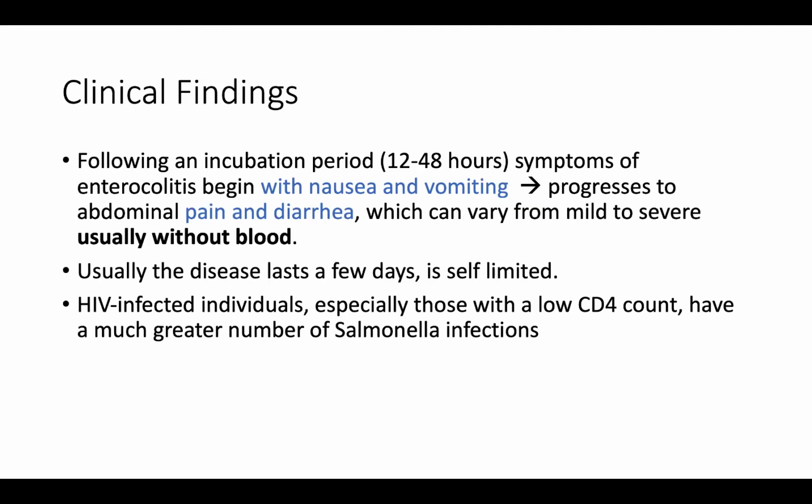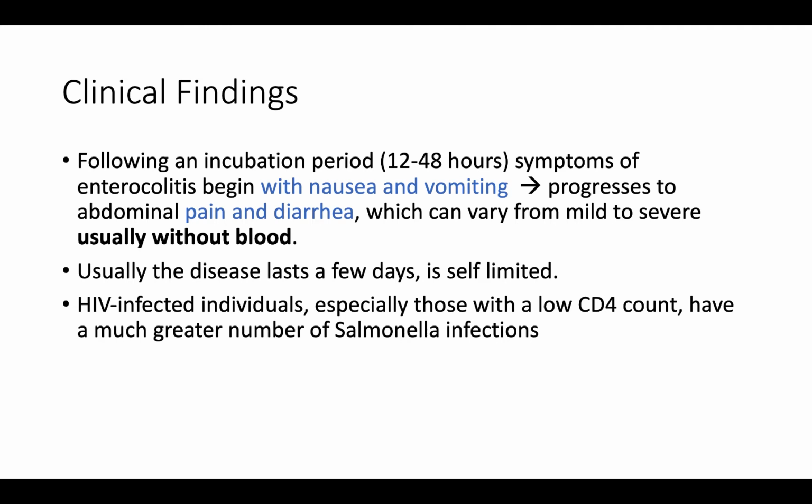What are the findings? What do you see in the patient following an incubation period, usually 12 hours at the earliest, 48 at the latest? What is this number? It is the time from ingestion for it to reach the colon basically. So it depends on that person and how quick that is for them.